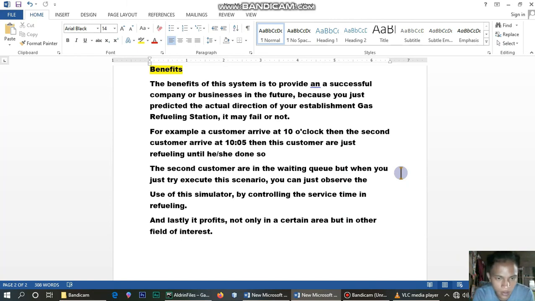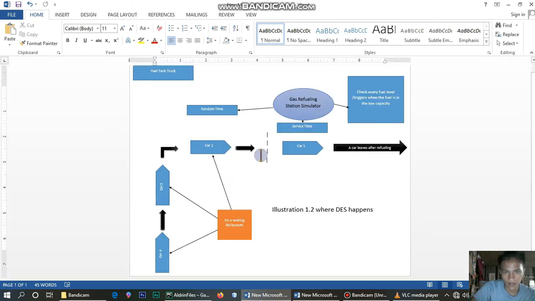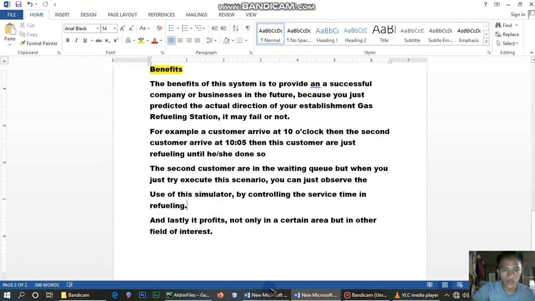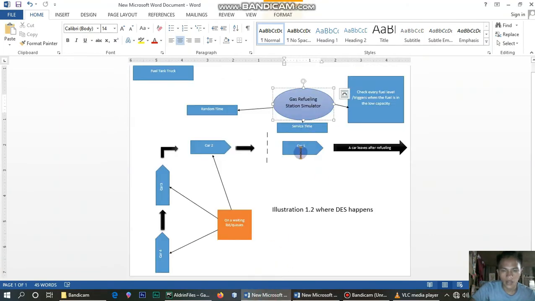But when you execute this scenario, you can observe the use of the simulator by controlling the service time in refueling. It happens when car 1 leaves after refueling, and car 2 arrives at the gas station. So you can control the service time.